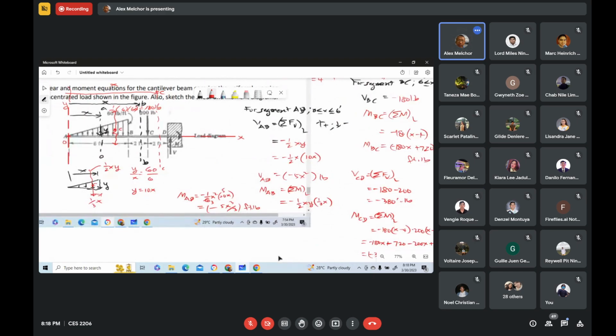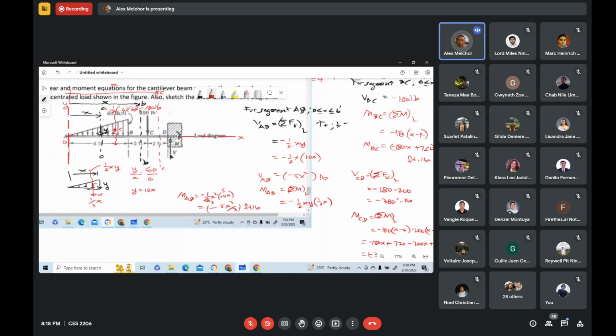Now, what about if we consider the right portion of this section? If you consider the right portion of this section, you cover the left portion.